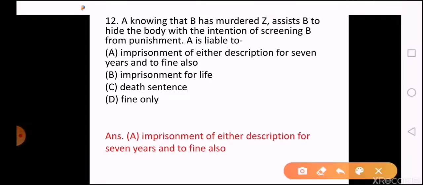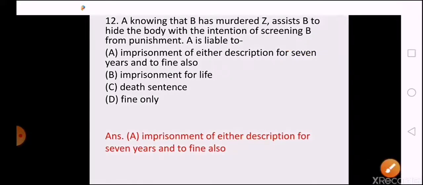So here my point is that although the illustration may vary, the punishment is 7 years, as I told you in the previous question, but you have to see which question and which example they are asking. So you have to keep all these in mind.